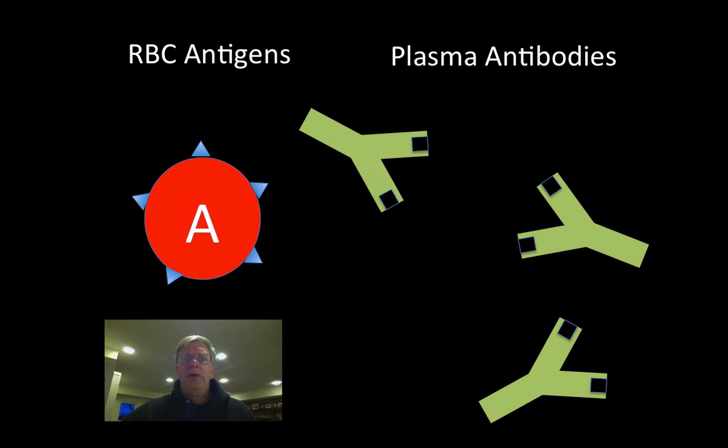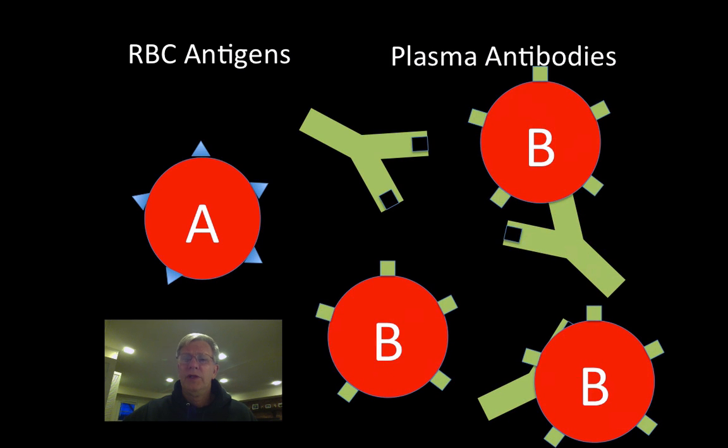So what would happen if a person with type A blood who has the B antibodies in the plasma was given type B blood? Let's say a transfusion was given to this person and they were given type B blood.